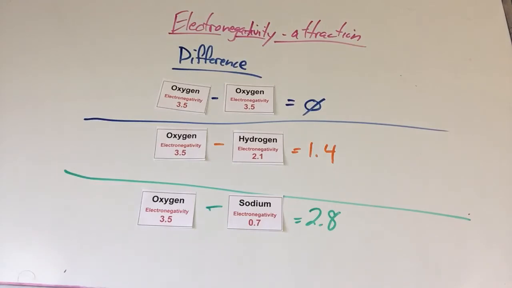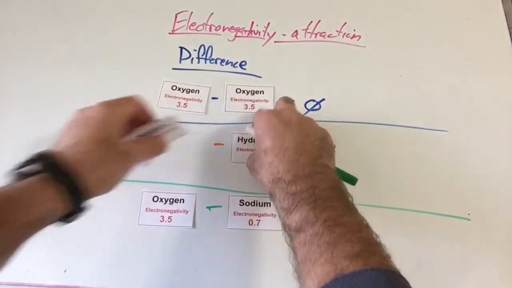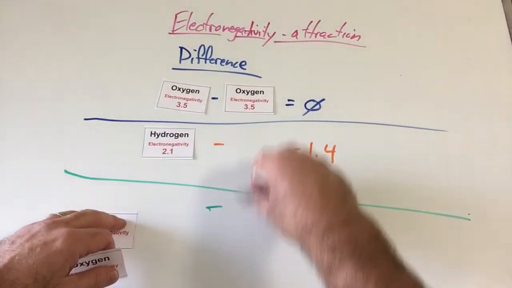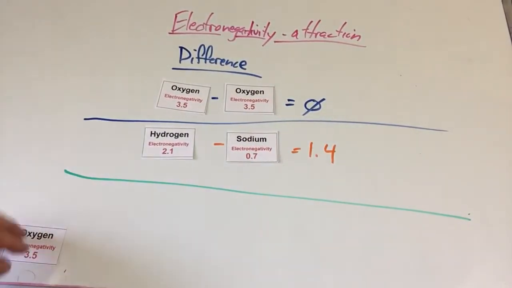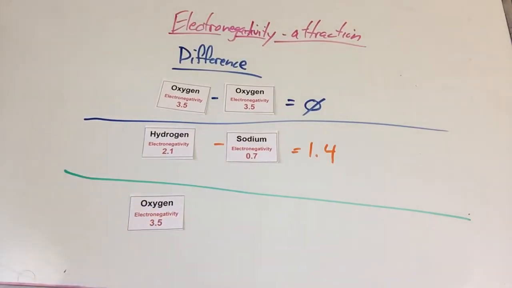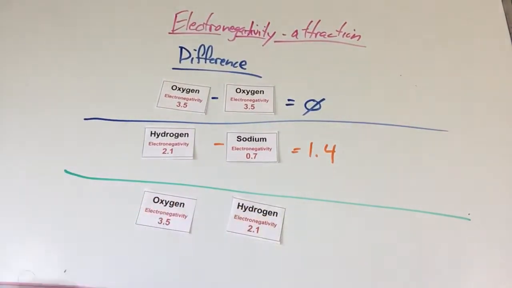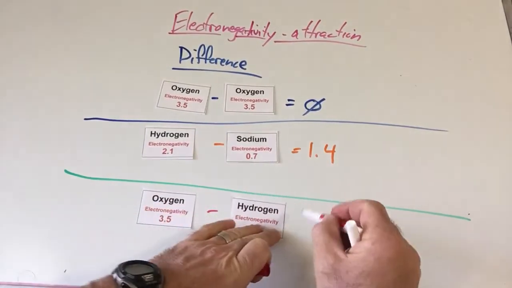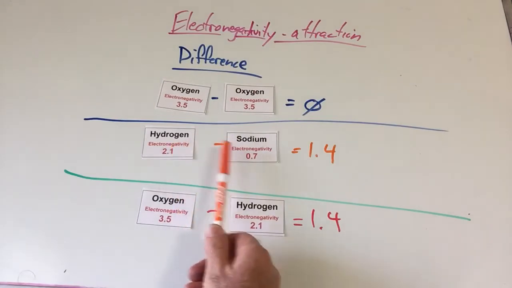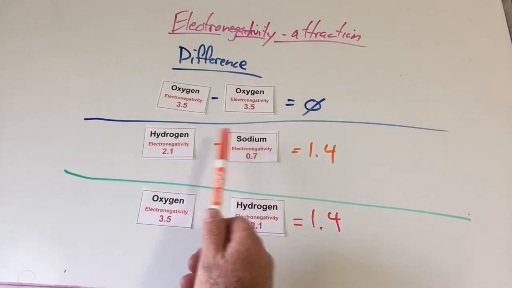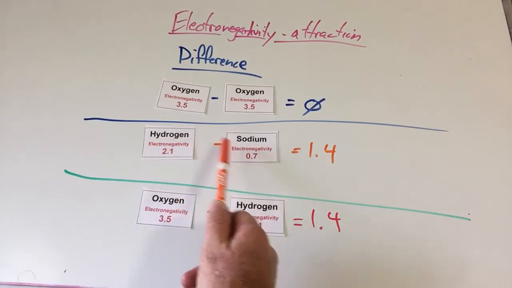But there's other differences, such as, well, what about hydrogen and sodium? And it turns out that hydrogen and sodium is also 1.4. So that means if an electron is walking down the street, and it has to decide between hydrogen and sodium, its desire to go to hydrogen over sodium is 1.4.